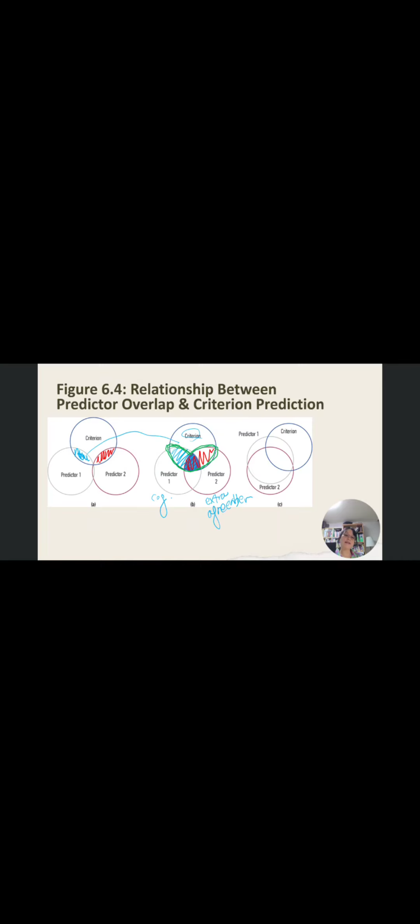So there's less variance you can explain in job performance using these two predictors. So overall, you can predict this much. I think this maybe is like 10%.